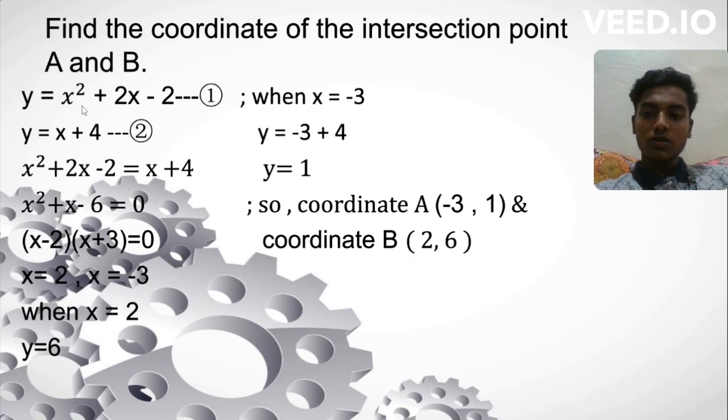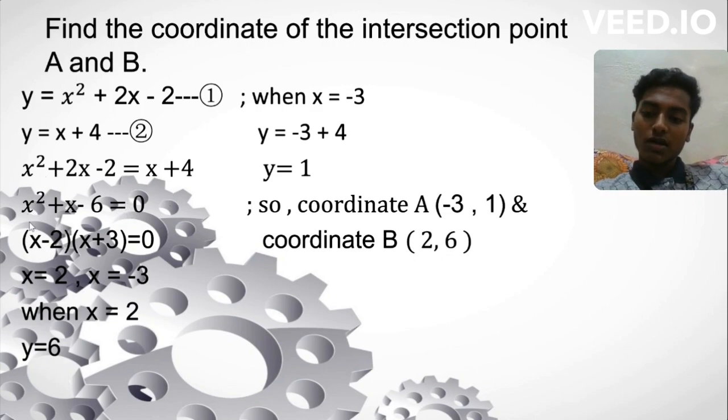So when y is equal to x squared plus 2x minus 1 and y is equal to x plus 4, we compare both of those equations into one to create a singular equation. When we compare both of those, we get x squared plus x minus 6 equals 0.